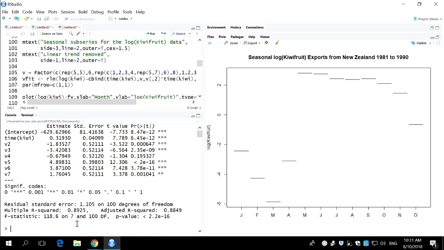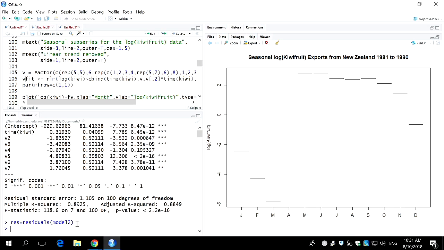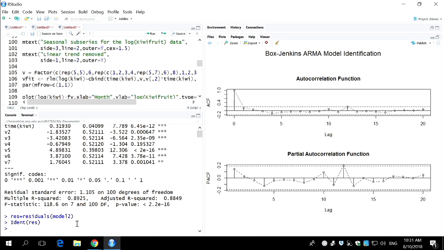Okay, so let's say res equals residuals from model 2. And now let's do a Box-Jenkins identification and see where we're at. There's your ACF at the top, there's your PACF. Now something a little weird happens here.